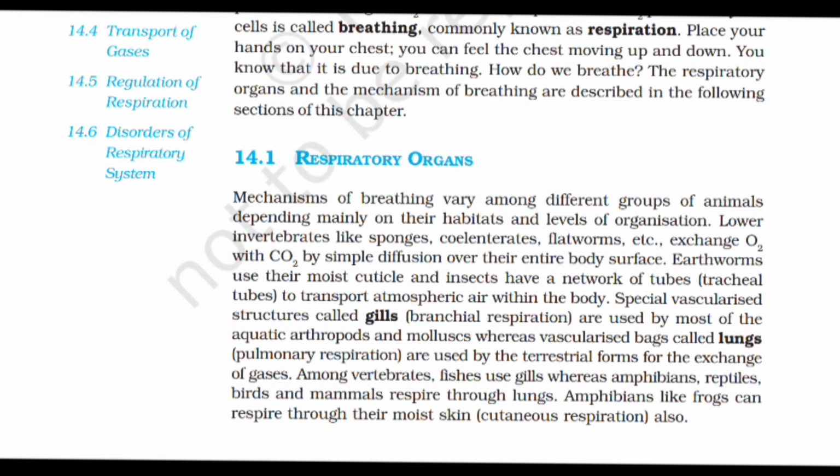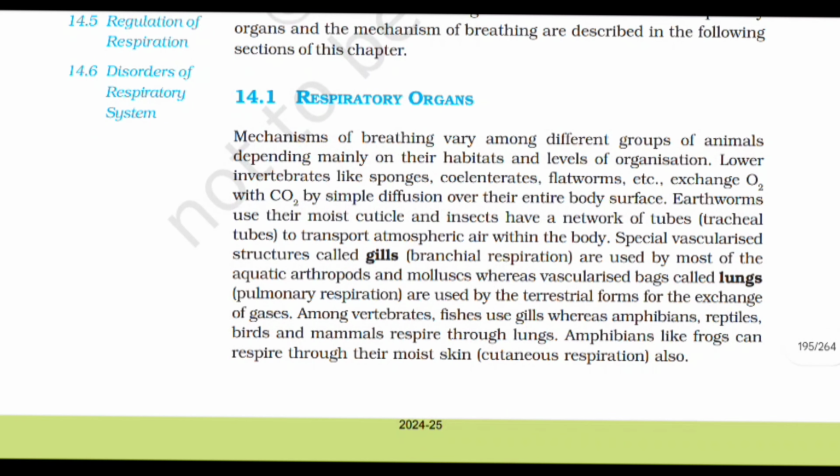Special vascularized structures called gills, that is branchial respiration, are used by most of the aquatic arthropods and mollusks, whereas vascularized bags called lungs, that is pulmonary respiration, are used by terrestrial forms for the exchange of gases. Among vertebrates, fishes use gills, whereas amphibians, reptiles, birds, and mammals respire through lungs. Amphibians like frogs can respire through their moist skin, that is, cutaneous respiration also.